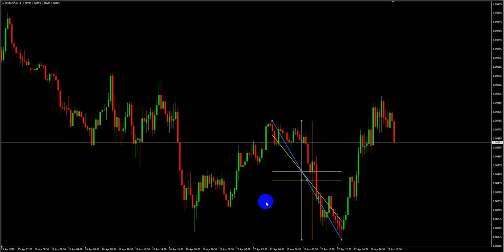Now the problem here is that visually, in this case, it is not possible to find out the actual crossing of the lines by reading the line prices.